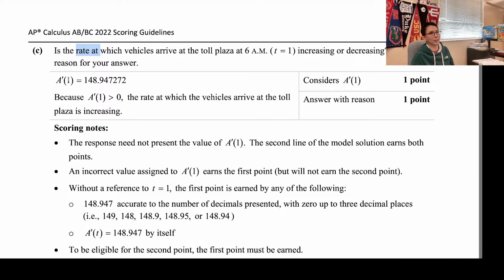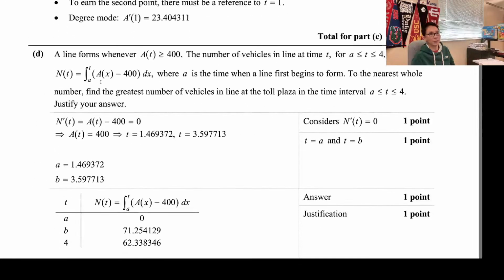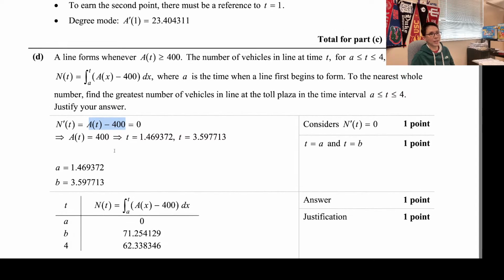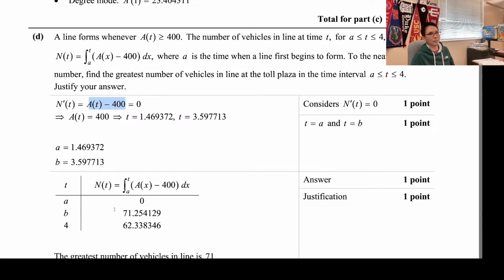And you have to write down A prime of 1 equal to 149.94. Now look at how similar this question is to the escalator question. They take the net equal to 0, and they do integration, except this one doesn't have an initial condition, not like the escalator question.